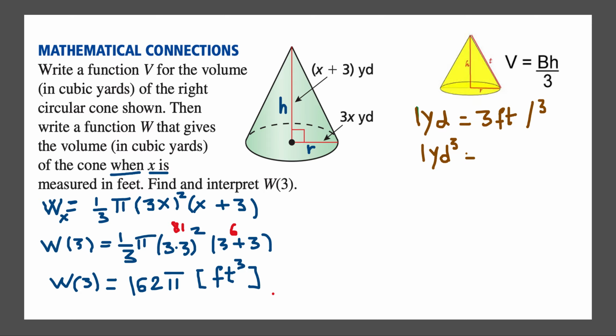But here, 3 cubed, what is 3 cubed? 3 cubed is 27, right? And here it is feet cubic. What does it mean? 1 yard cubic is equal to 27 feet cubic.